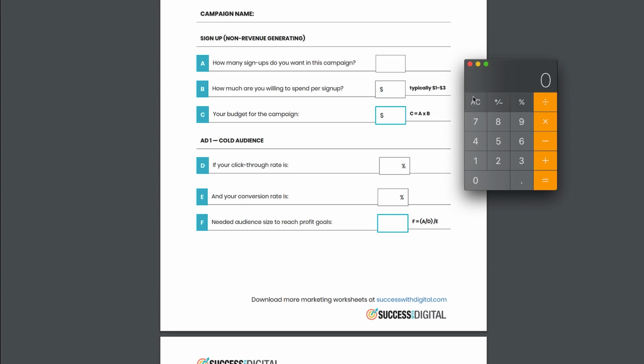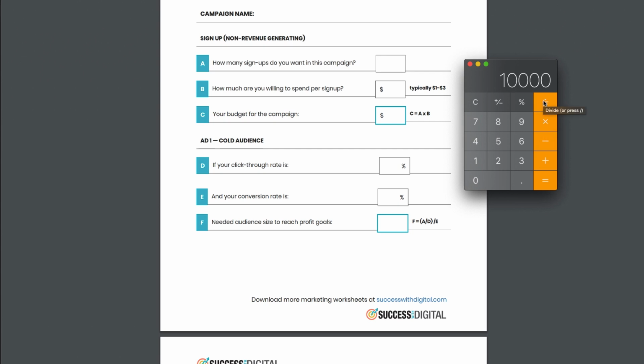So let's do an example here. So we said that we wanted to have 100 signups in this campaign. Well, if we take 100 and we divide it by the click-through rate, so we'll use the industry average of 1%, then we're going to say 100 divided by 1% equals 10,000. And then from here, what is your conversion rate? So let's say our landing page, we're expecting that the landing page is going to have a conversion rate of 30%.